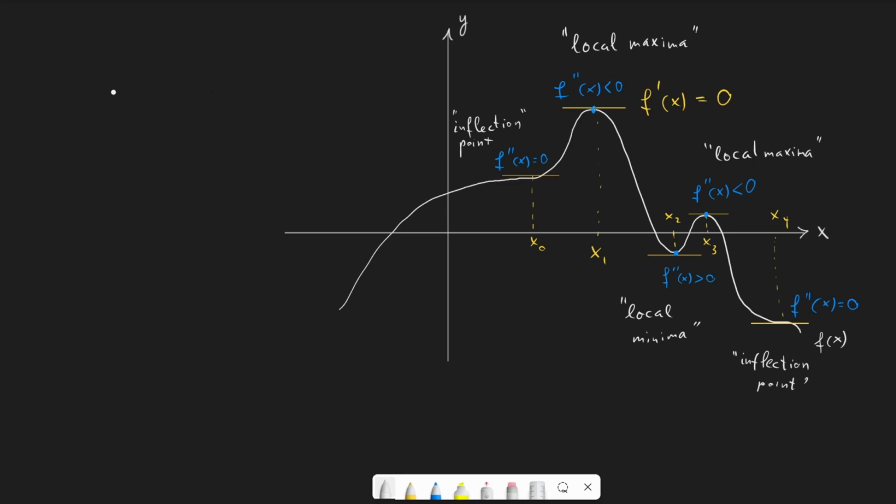So let's summarize our derivatives and second derivative at local maxima, local minima, and at the inflection point.